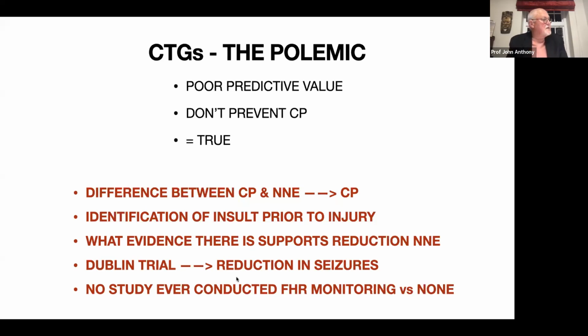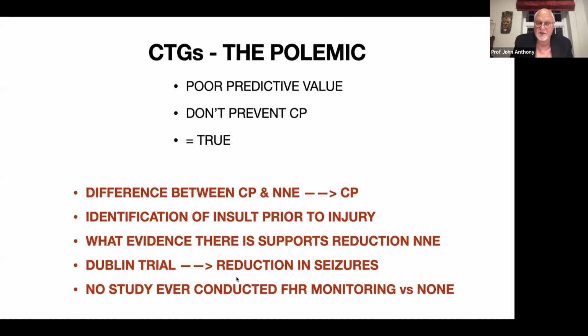And many of you will be familiar with the Dublin trial, which was a 13,000 women randomized to continuous electronic fetal heart rate monitoring versus intermittent auscultation. And what that trial showed was that there was a reduction in seizure activity amongst those who had the electronic monitoring. So yes, there is evidence that the most proximate marker of intrapartum hypoxia, early onset neonatal encephalopathy, is beneficially reduced where electronic monitoring is used.